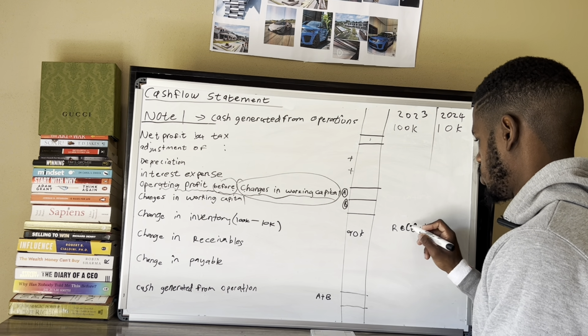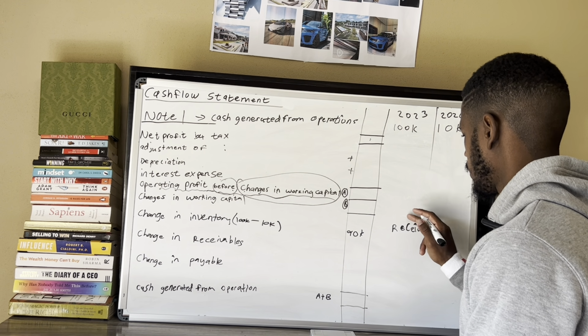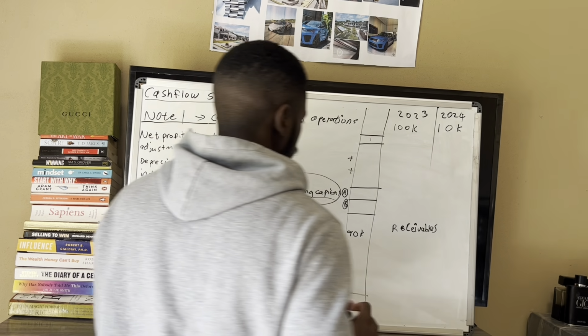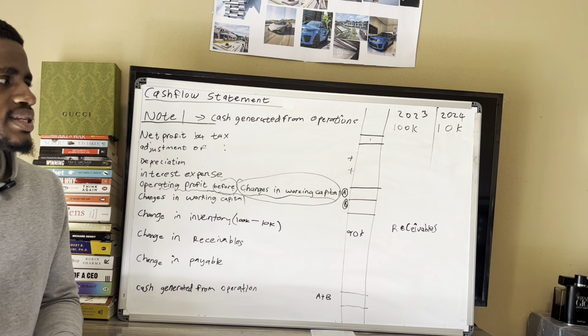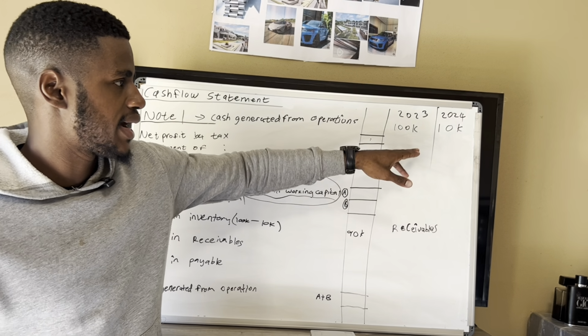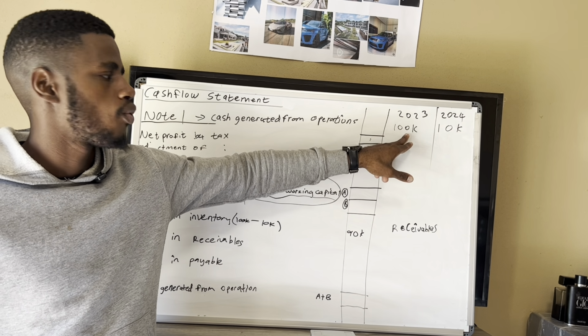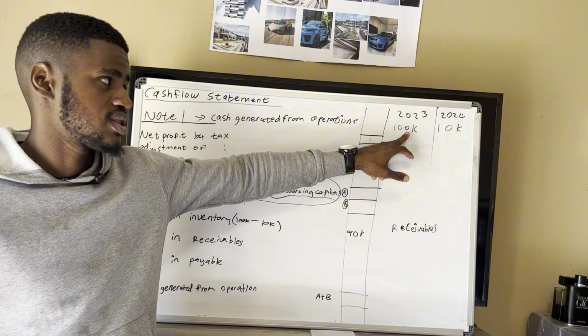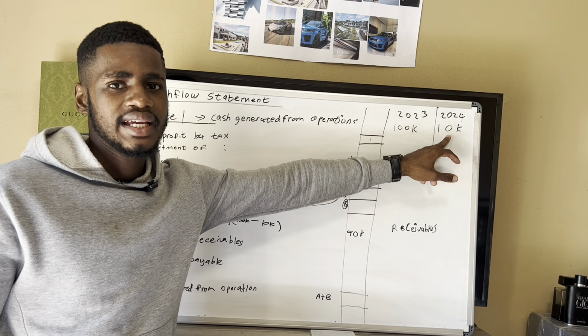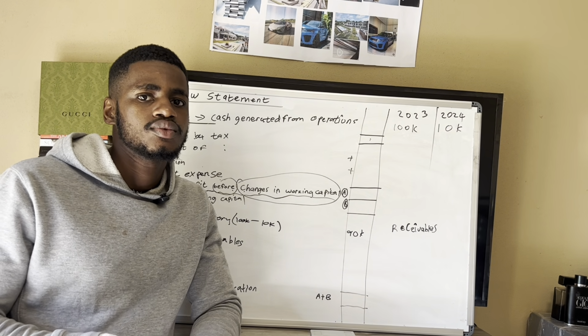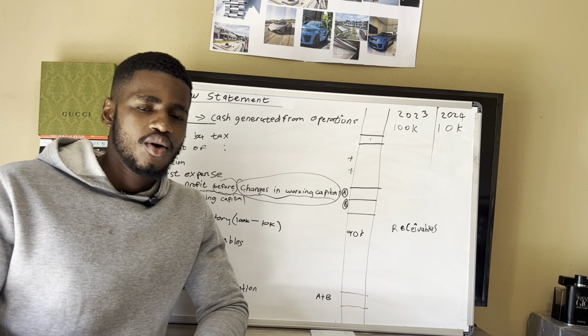We did the receivables notes in our balance sheets. But for now, let's say the people that owe us money last year was 100,000. They were owing us 100,000. Now this year, they are owing us only 10,000.